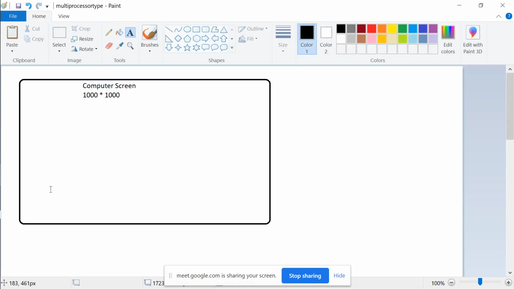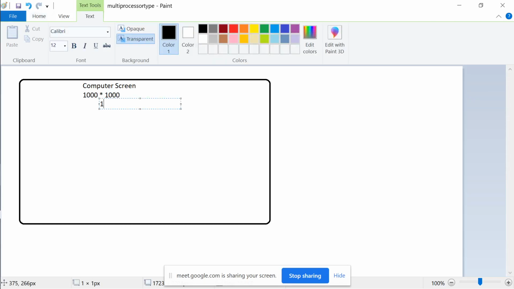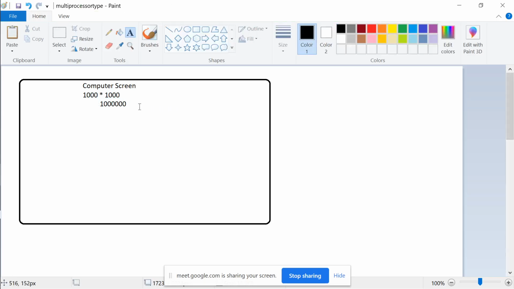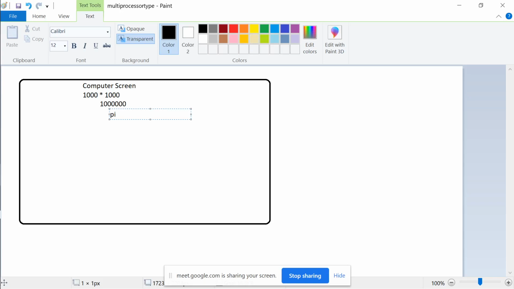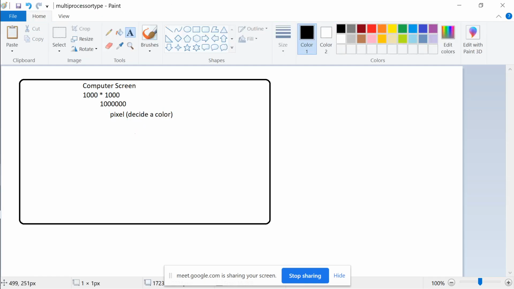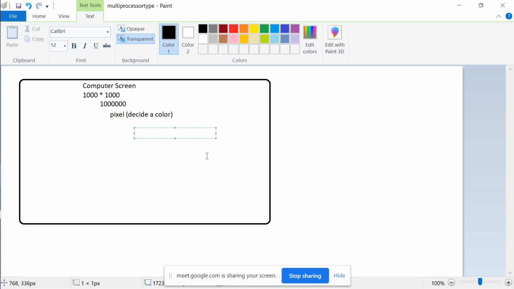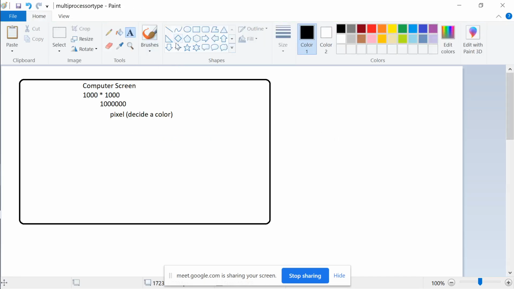It depends on your resolution. A 1000 by 1000 resolution would mean how many pixels? 1 followed by 6 zeros. For every pixel I need to decide a color. So this is an example which can be done by a SIMD processor very fast.